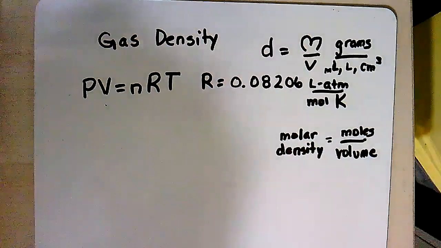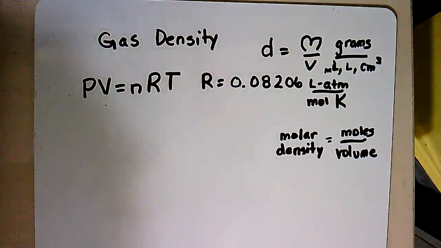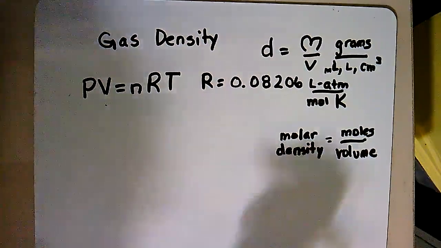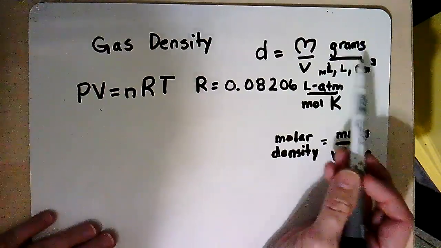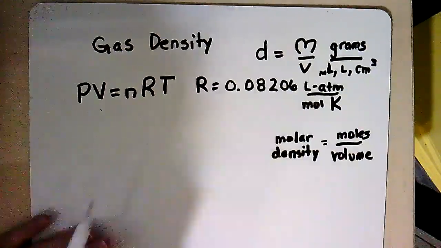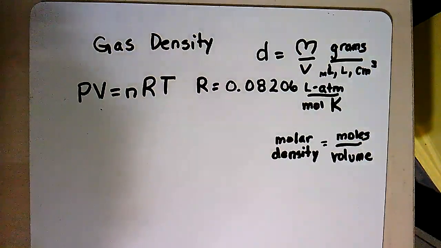So this is another way of thinking about how far apart or how close together things are. When we talk about density that we typically mean, we're talking about how close together or how far apart matter is. Are the particles packed close together?